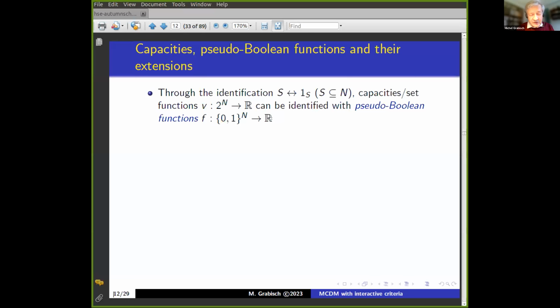To do this, we need some additional notation, but it's very simple. We identify a subset S of a given set N with its characteristic function, simply the 0, 1 vector where you put value 1 for all elements in S and value 0 otherwise. Then you can identify the capacity V with what is called a pseudo-Boolean function.